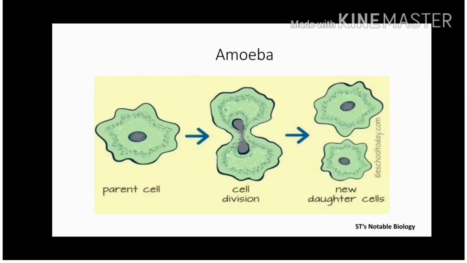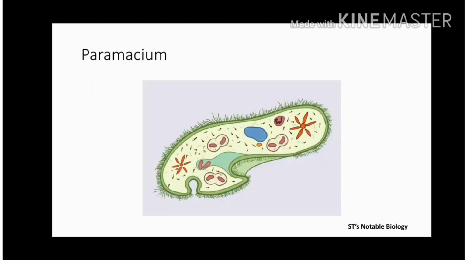In this figure of an amoeba, a parent cell is dividing into two cells. These two cells later grow, attain maturity and appear as adult amoeba. This kind of binary fission we can also see in paramecium.